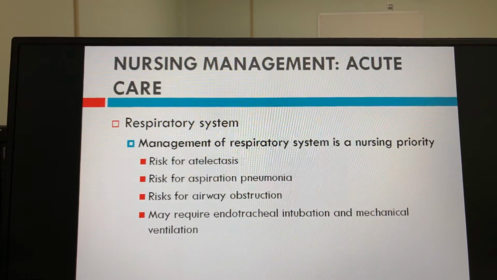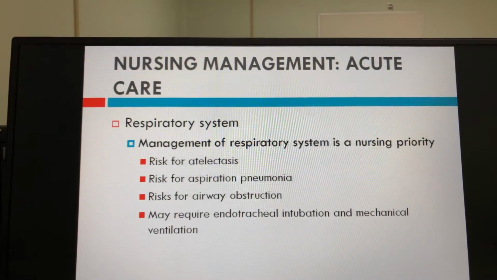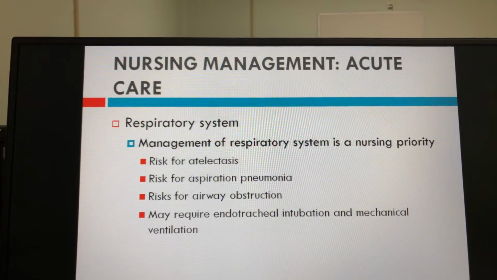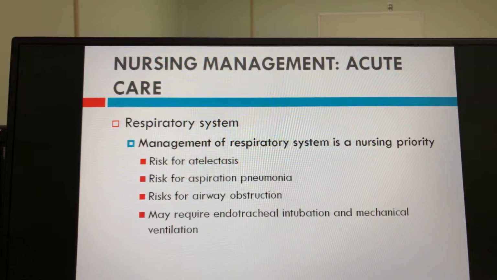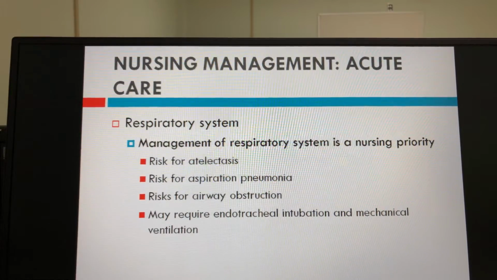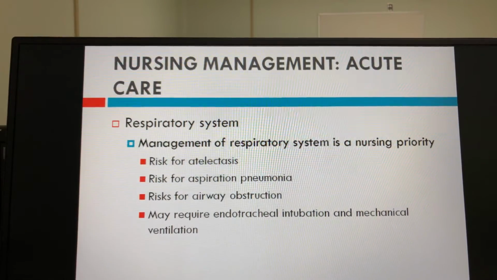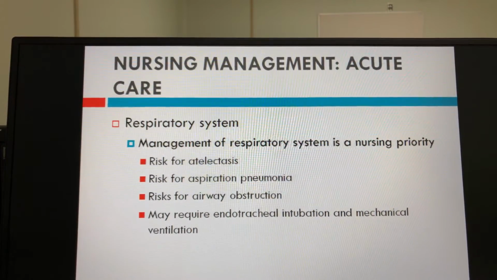All patients should be effectively screened for their ability to swallow. They are to be kept NPO until the dysphagia has been ruled out. Nursing interventions to support adequate respiratory function are individualized to meet the needs of the patient, and that may include frequent assessment of airway patency and function, looking at oxygenation.